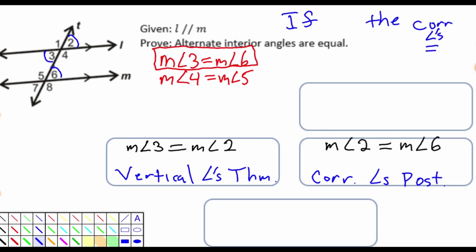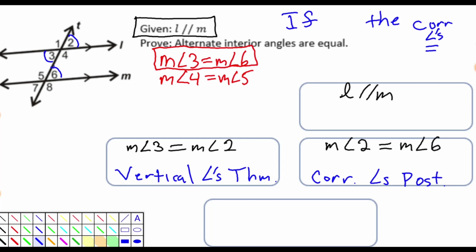But there was something first. So if something, there had to be something true already. And this is why at the very beginning of this problem, they said, hey, you are given some parallel lines. So we are given in this problem, line L is parallel to line M.